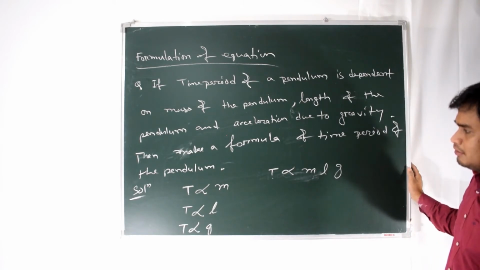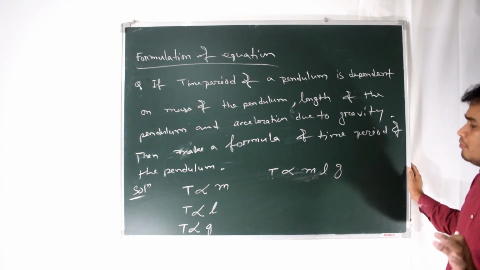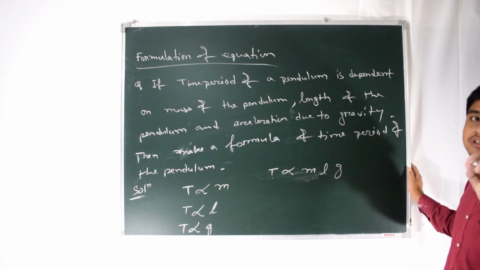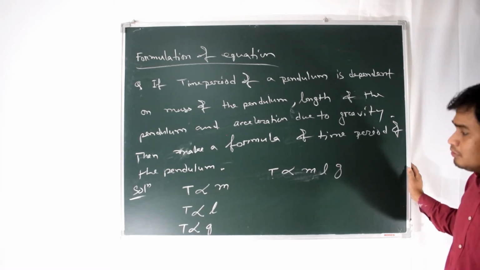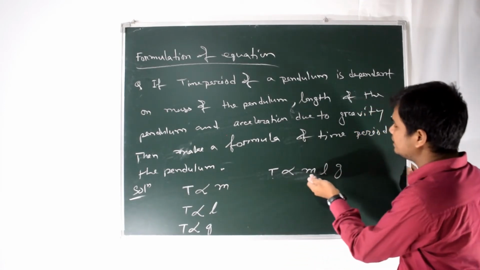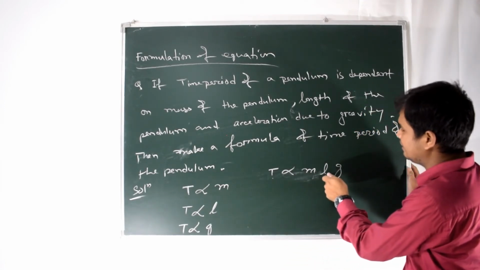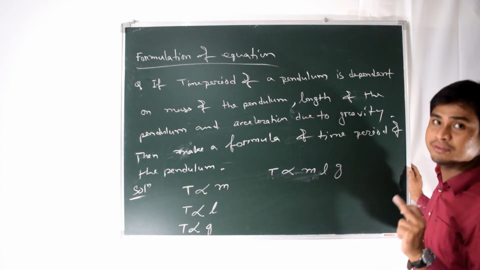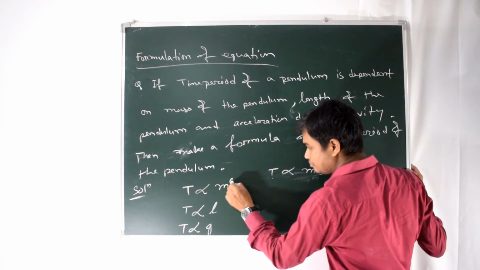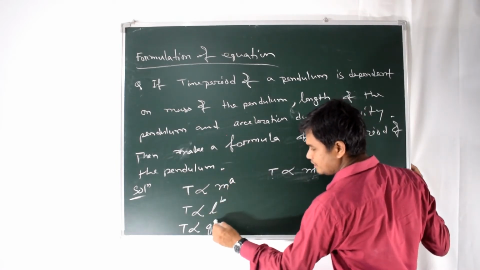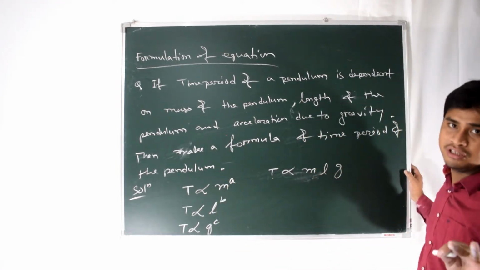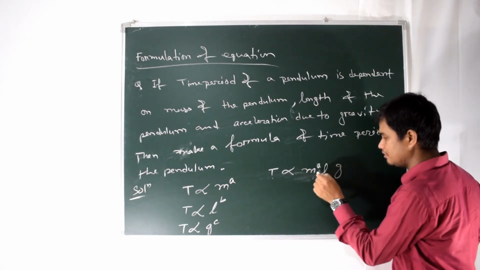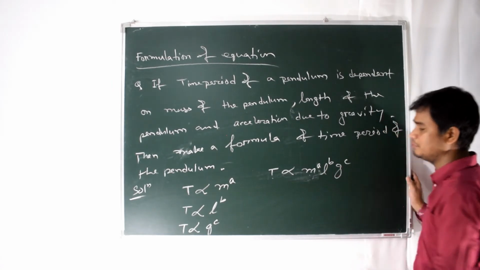Clear? Now we know that the dimension depends on the powers. We don't know here how the time period is related to the mass, length, and g, because we don't know the powers. But there should be some powers, so we can assume that they are a, b, and c. So time period is proportional to m to the power a, l to the power b, g to the power c.